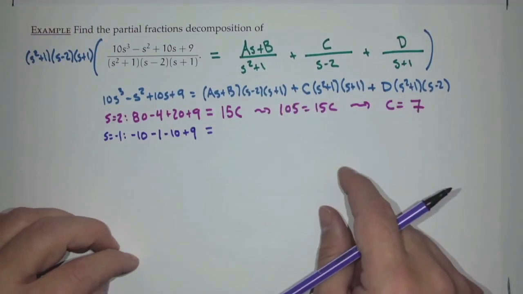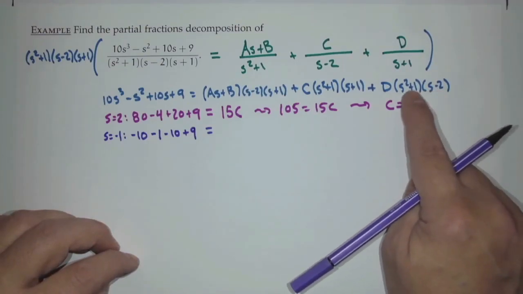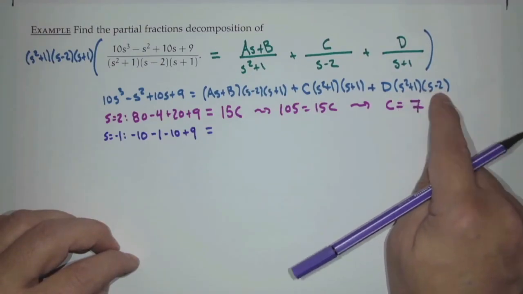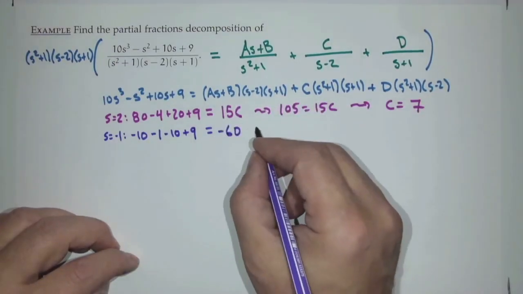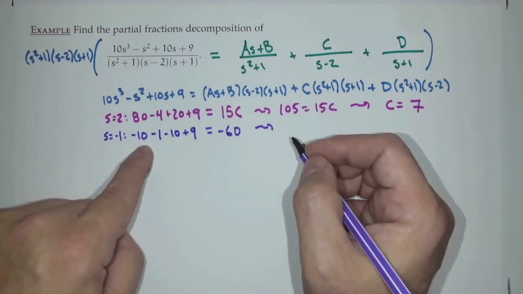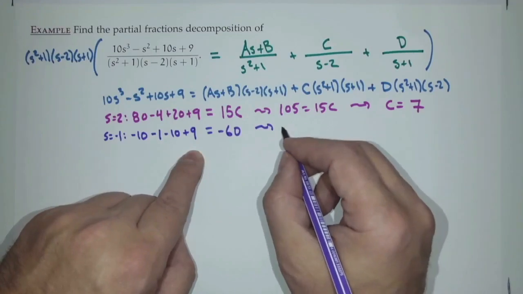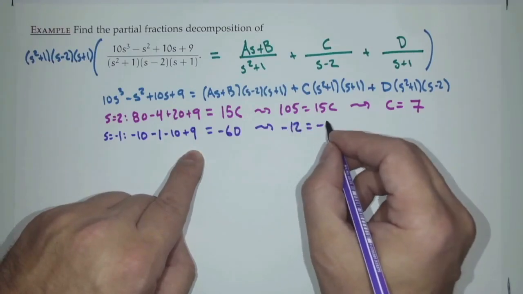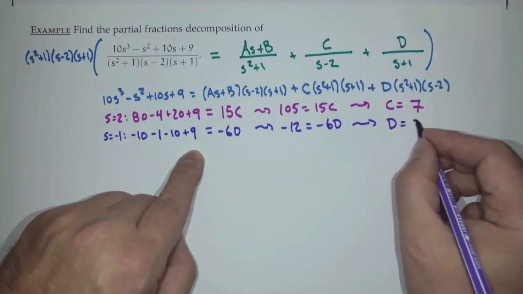Last term will go to, so 2 times -3 is -6, and then the d, -6 times d. Okay, -10, -1, -10, that's -21. Plus 9 means -12. Equals -6 times d. What does that tell us about d? D should be 2.